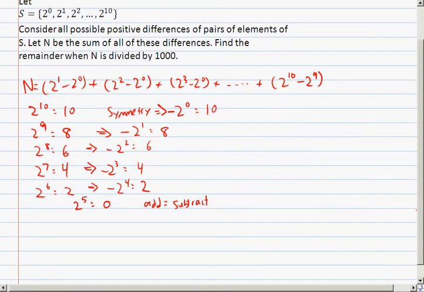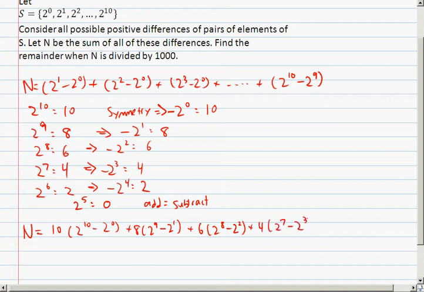So, to write n in a more simplified manner, we have n equal to 10 times the quantity 2 to the 10th minus 2 to the 0th, plus 8 times the quantity 2 to the 9th minus 2 to the 1st, plus 6 times the quantity 2 to the 8th minus 2 to the 2nd, plus 4 times the quantity 2 to the 7th minus 2 to the 3rd, plus 2 times the quantity 2 to the 6th minus 2 to the 4th.